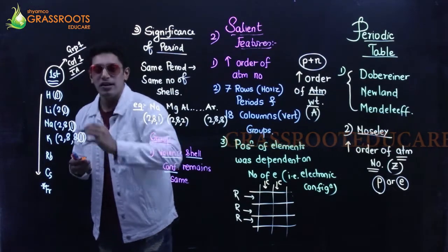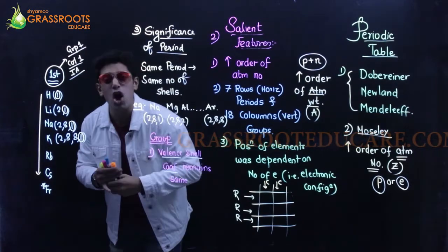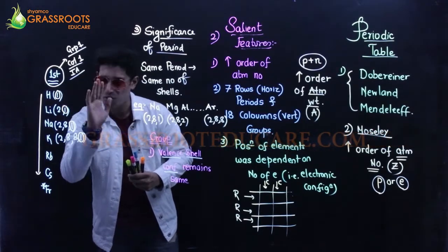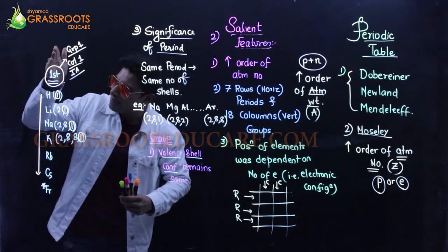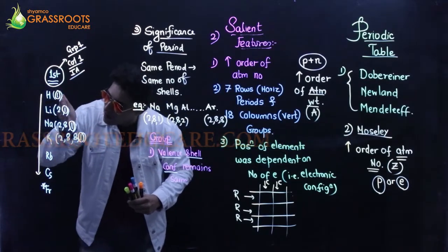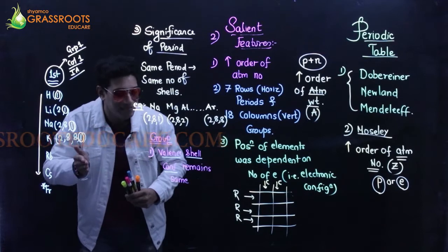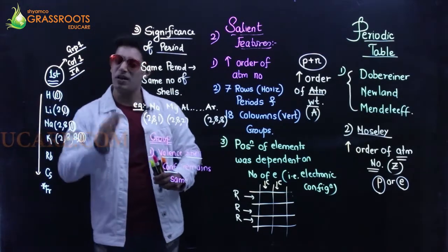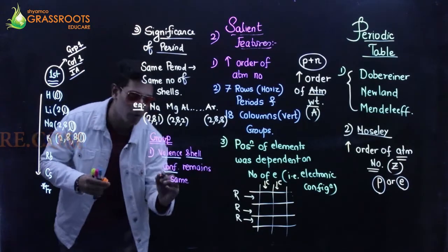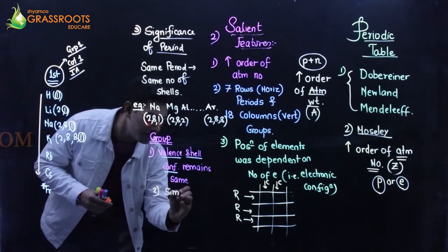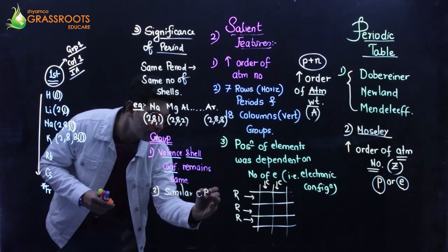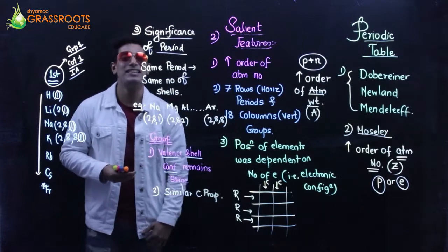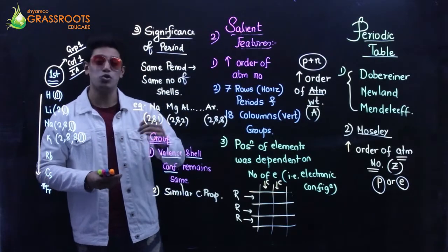That means the elements which belong to the first group, I'm going to draw the table in a moment, have one electron in the outermost shell. That is called the valence shell. The configuration remains the same. Down the group, they show similarity in the chemical properties. So similar chemical properties. This was the importance of a group.